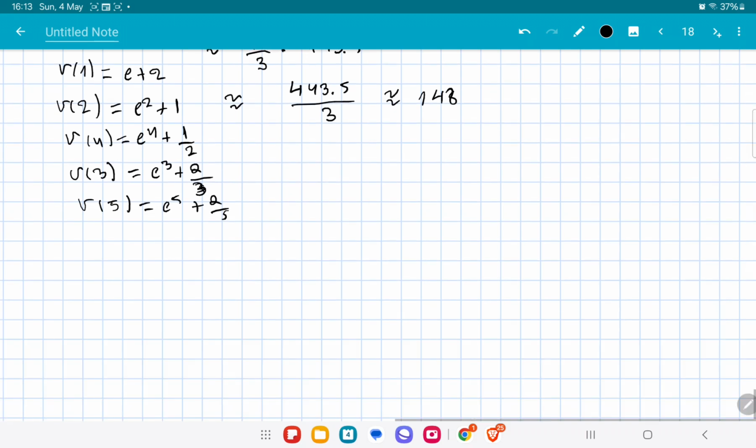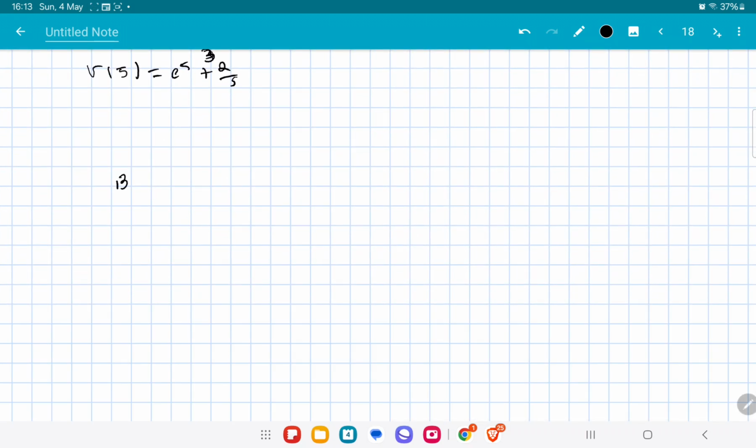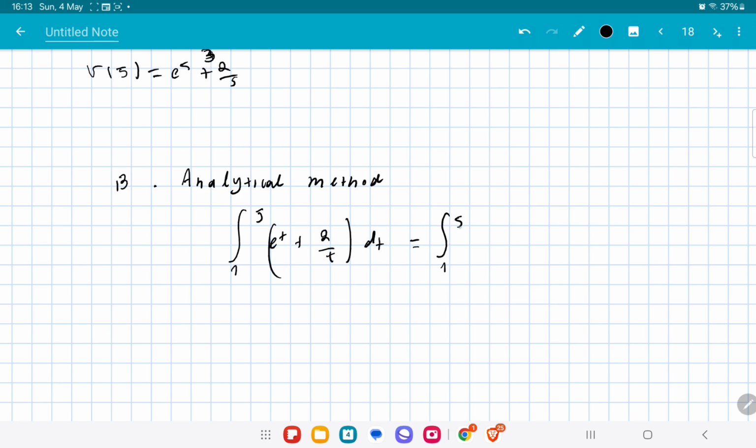Now if you do the analytical method, B, analytical method, you take the integral from 1 to 5 of e to the power of t plus 2 over t dt. You can split it up. So the first quantity is going to be e to the power of t evaluated at the boundary points plus 2 ln t from 1 to 5.